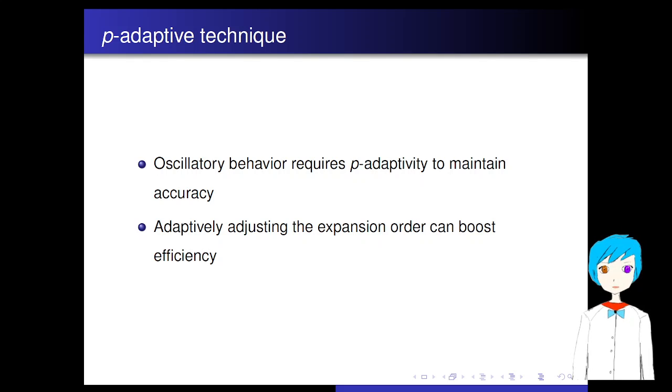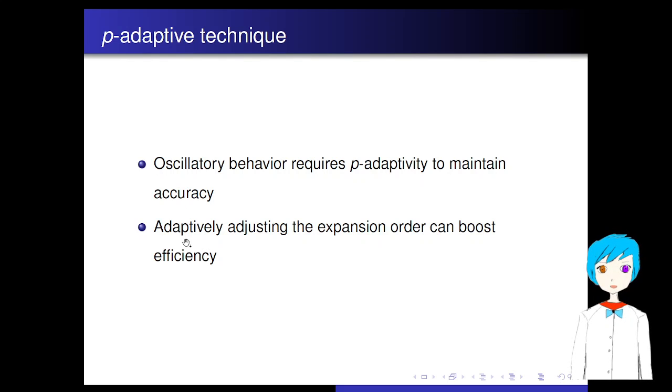So finally, we also notice that oscillatory behavior of the function requires P adaptivity to maintain accuracy, which means that if the function is becoming more oscillatory, then we need to introduce more basis functions to capture that oscillatory behavior.